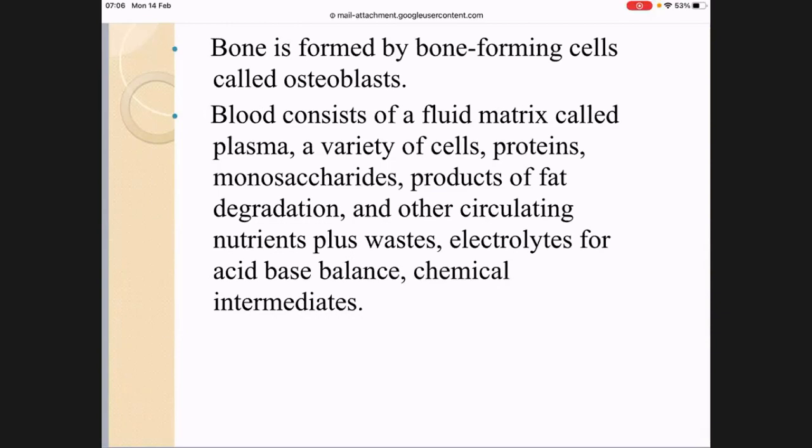So plasma, we call in blood. When you collect blood from a blood vessel, if you go to a doctor with any problem, they take blood in a test tube. There are different kinds of test tubes, and I think you should know these things. When you collect blood, there are two kinds of test tubes.